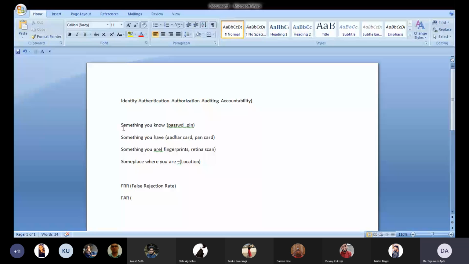So this is nothing but the false acceptance rate, right? So it is going to be FRR or FAR. Are you getting me, all the participants?